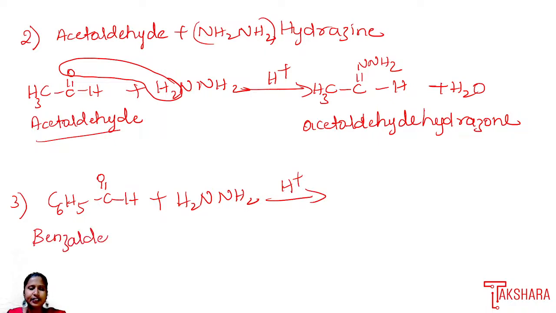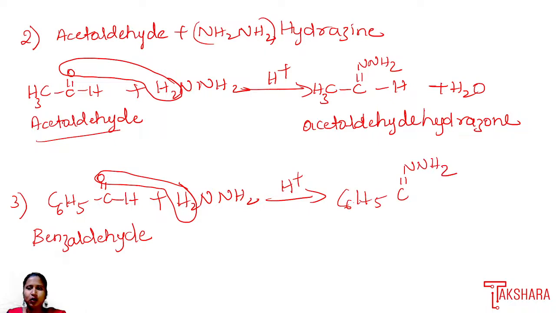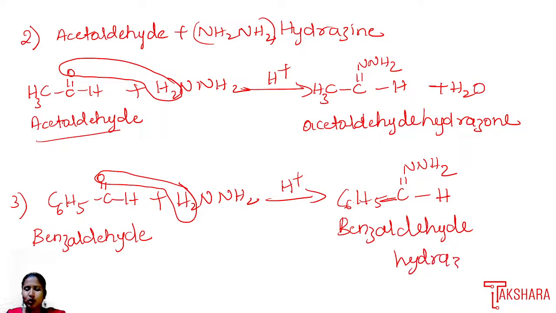Benzaldehyde. Benzaldehyde is treated with hydrazine, that is NH2NH2. So what product do we get? The water molecule is going to be removed here, so we get C6H5 C double bond NNH2. Okay, then the hydrogen atom. Okay, so this is called benzaldehyde hydrazone.